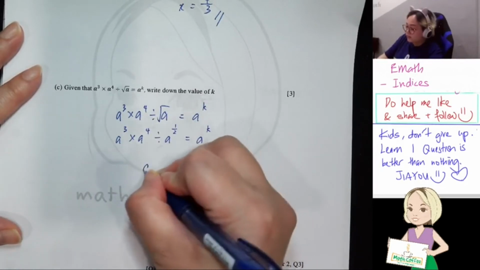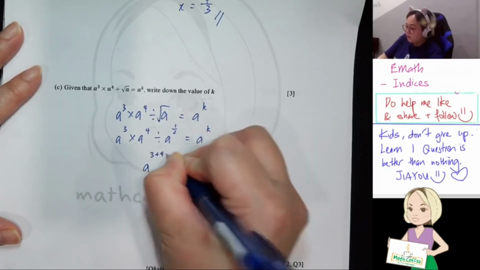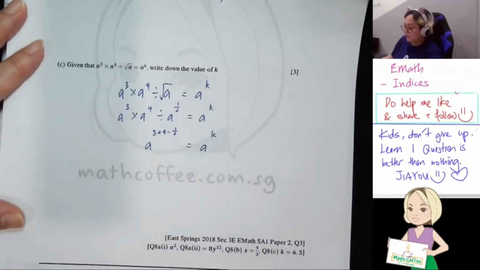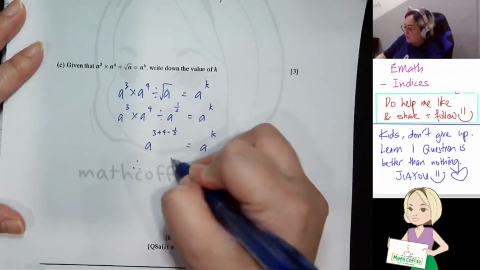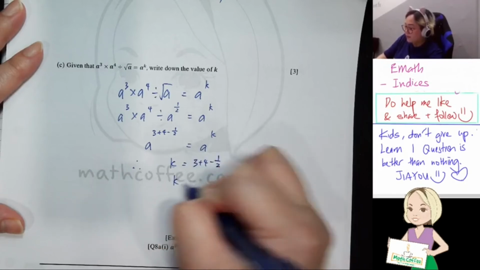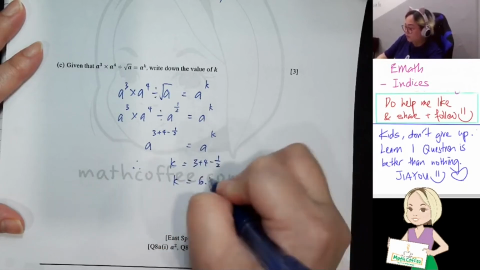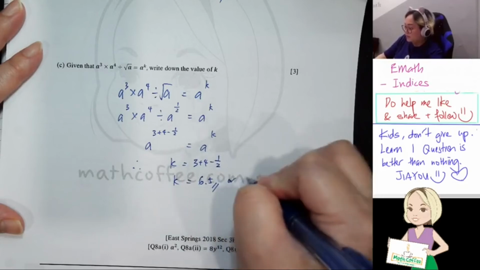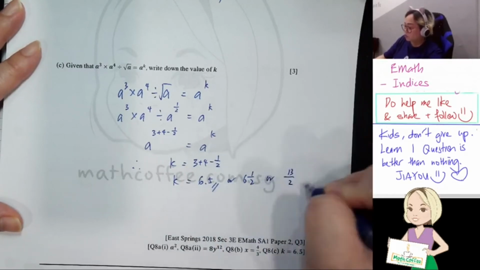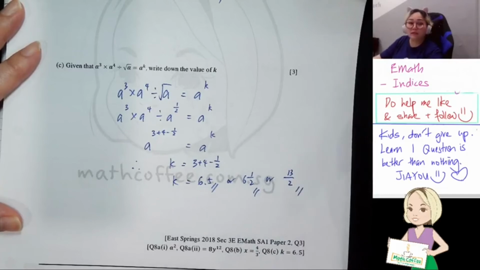So this is a to the power of 3 plus 4 minus half equals a^k. Therefore k equals 3 plus 4 minus half, whereby k is equal to 6.5. You can put it as 6.5, or as 13 over 2. Either one works.